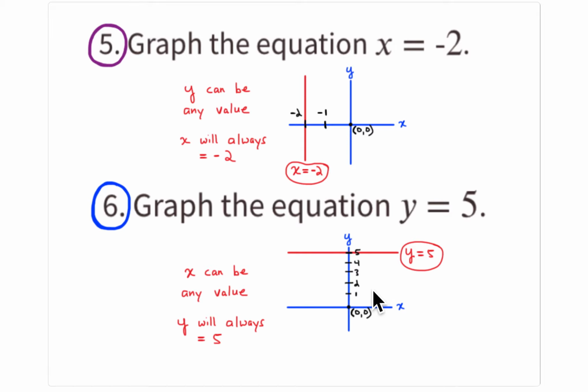And the last two are just driving home this point. Once again, what does the equation for a horizontal line look like, and what does the equation for a vertical line look like? Well, if x is always -2, that will be a vertical line. So wherever you go on the y-axis, you always begin at x equals -2, and then you go anywhere along the y-axis that you want.